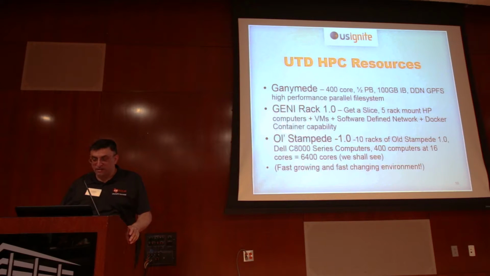A few of the resources we talked about: Ganymede. It's 20 Dell R730 computers, so a full rack of computers. There's half a petabyte of storage in it, and it has a really fast interconnect. This is available today at UT Dallas.